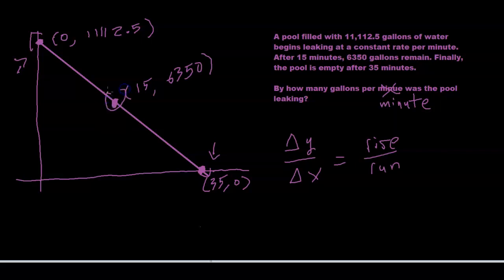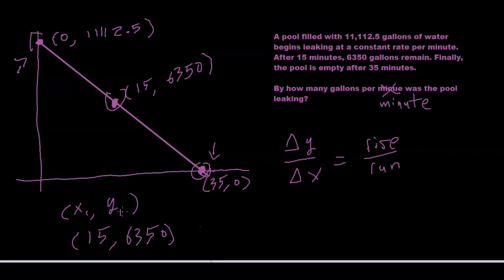Let's pick this point and this point, okay? Let's have x1 comma y1 be 15 comma 6,350, okay? Because I keep writing x1, x2. That's not what I mean, right? I want x1 comma y1, the point with our first x coordinate and our first y coordinate.